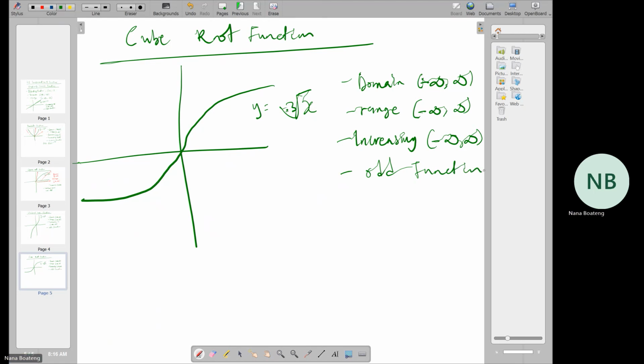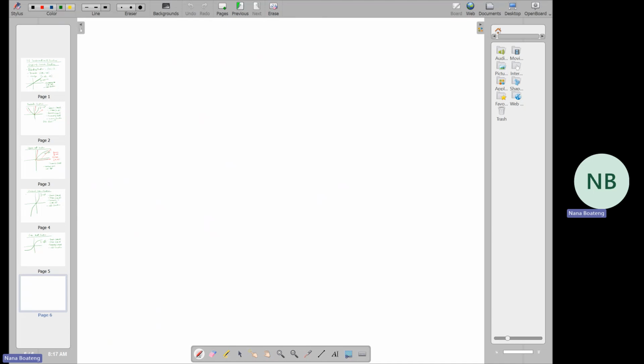All right, so now that we know the different forms of some of the most common standard functions, we're going to begin looking at how we can transform some of these functions. The first is the vertical shift.